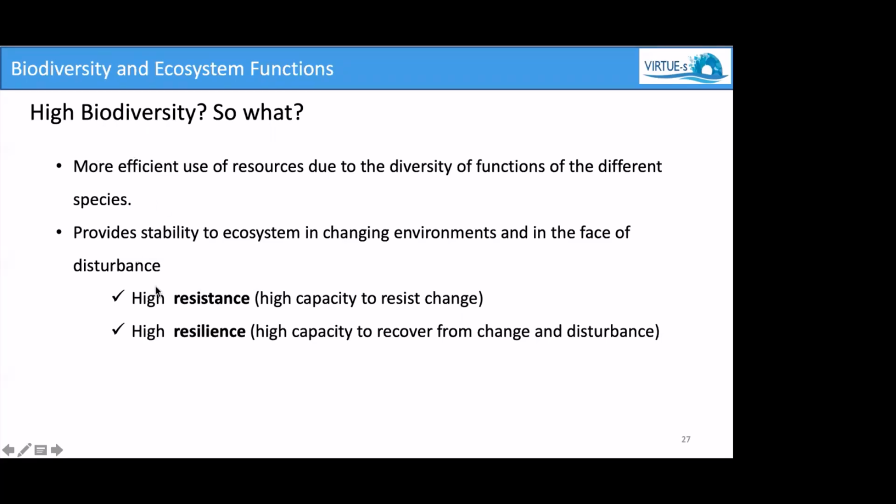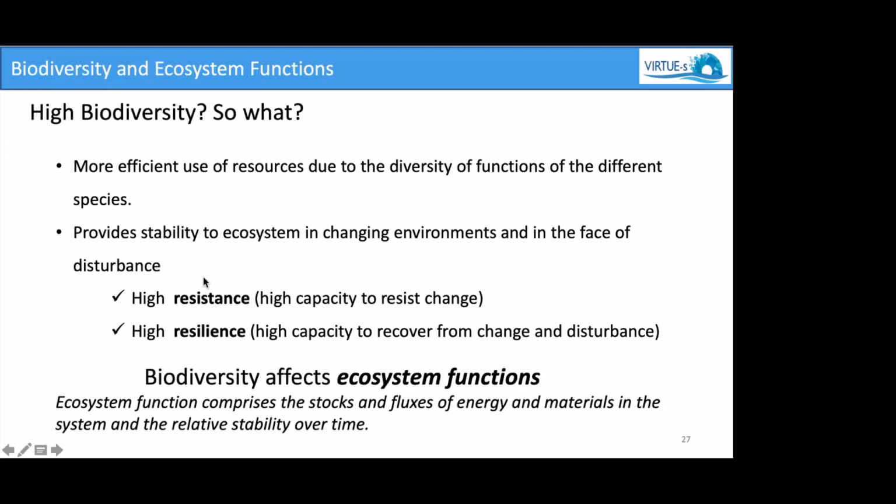If the biodiversity is high, the ecosystem is more stable towards changing environments and disturbances. The ecosystem will have a high capacity to resist change, or a high capacity to recover from a change due to a disturbance. So it is resilient, and the resistance is high. And biodiversity also affects ecosystem functions.